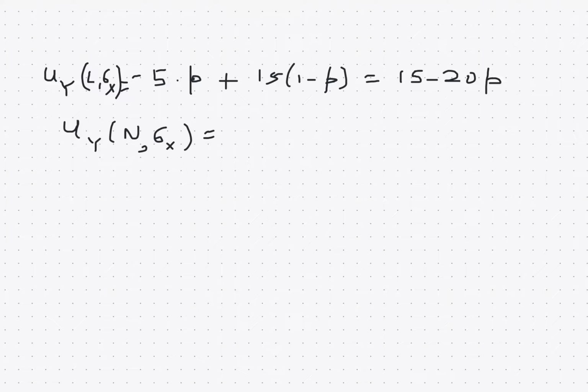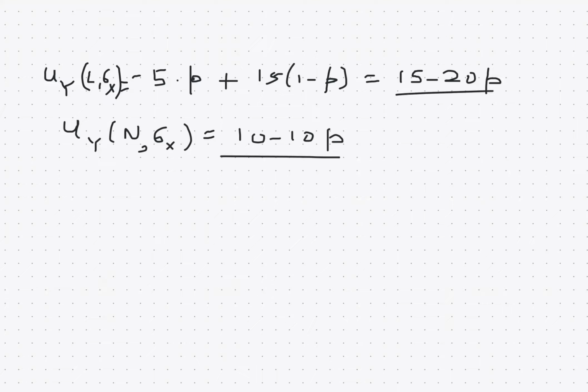So firm Y is choosing to not lobby, right? So it will get 15 if firm X is lobbying, and so that will be equal to 10 minus 10P. Okay, so this is the simplified one.